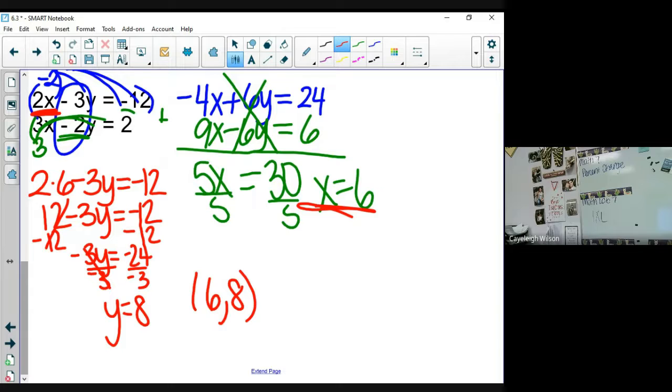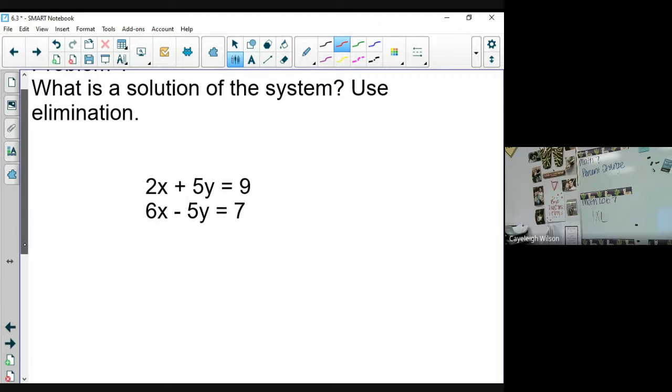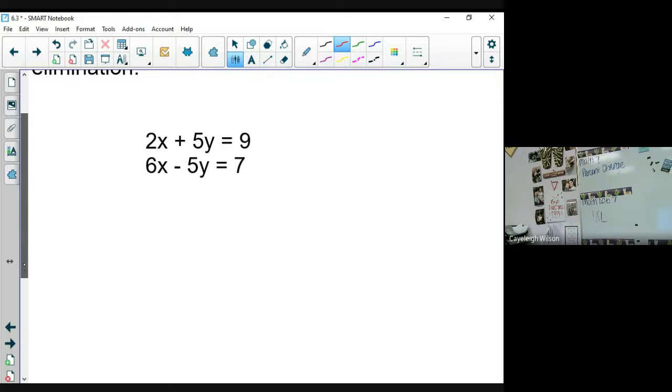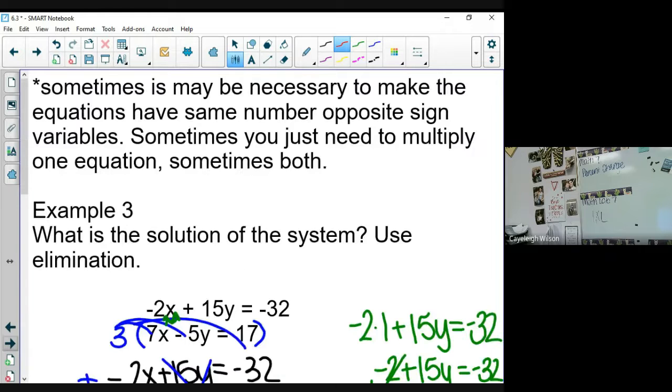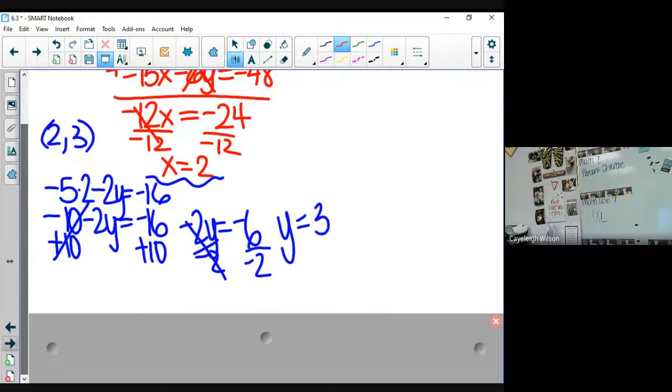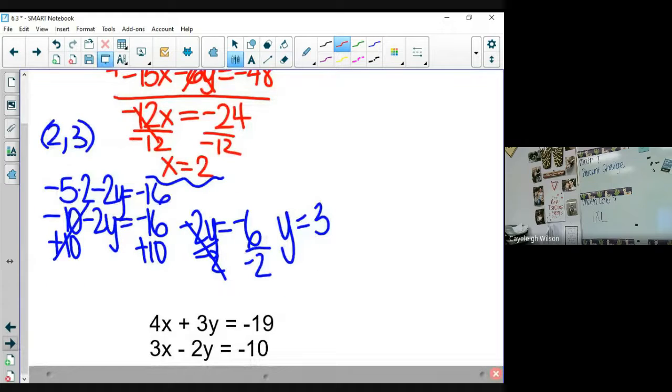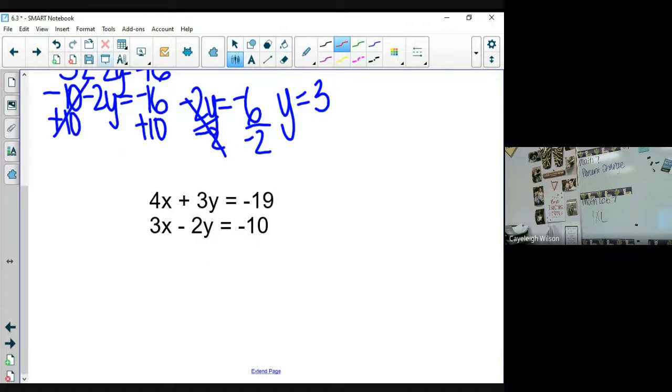All right, last one we're gonna do up here, and then we're gonna move into the assignment. This is my lesson plan from Algebra 1 for this.